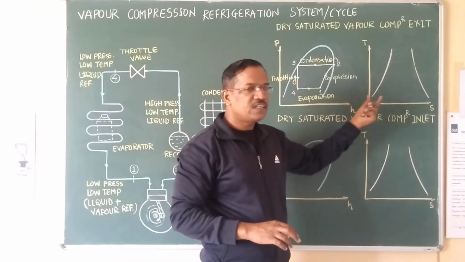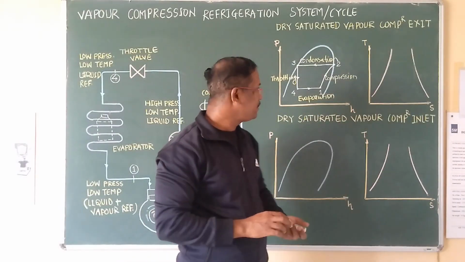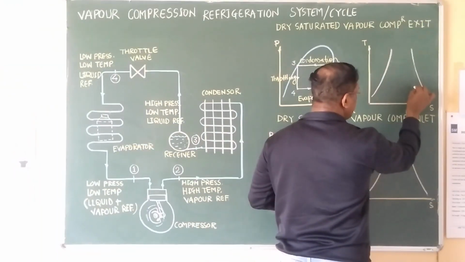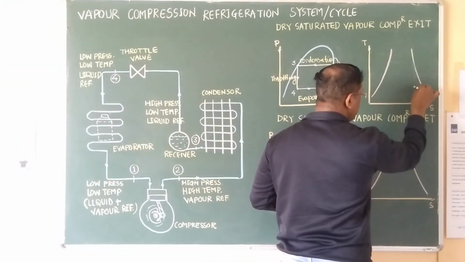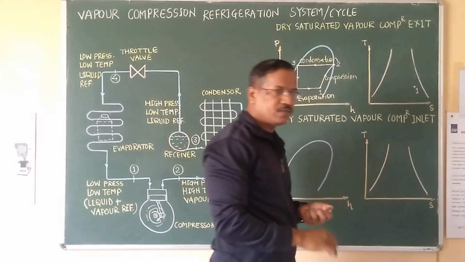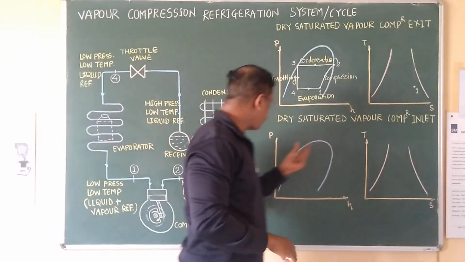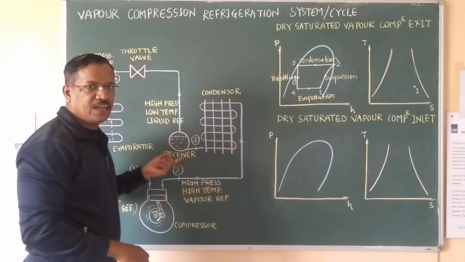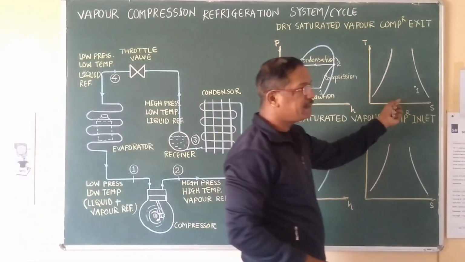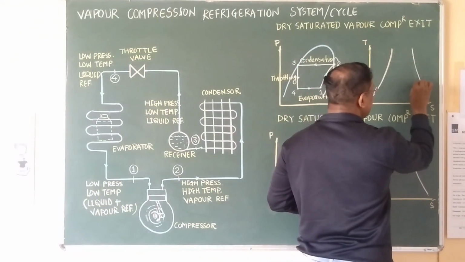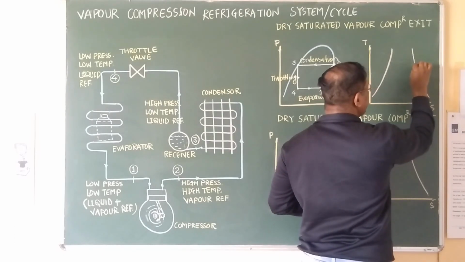Now the TS diagram, temperature versus entropy. So this is our first point before compression, wet vapors, so a mixture of liquid and vapor refrigerant. As compression is adiabatic, entropy remains the same, and the end of compression will be a dry saturated vapor.